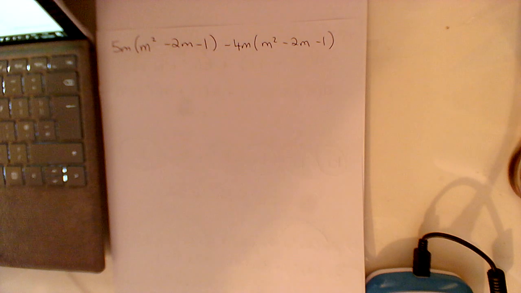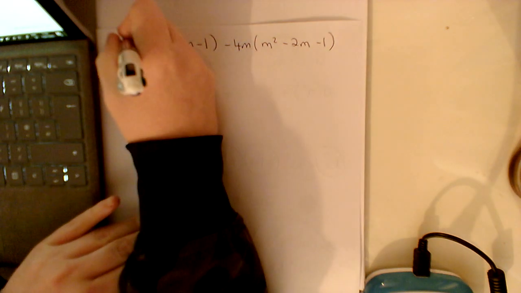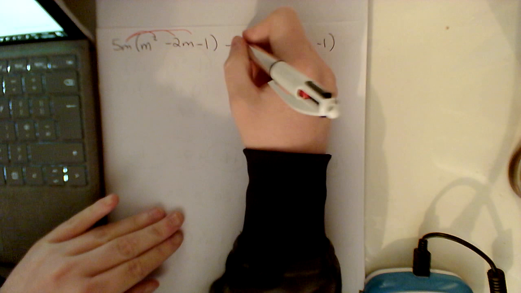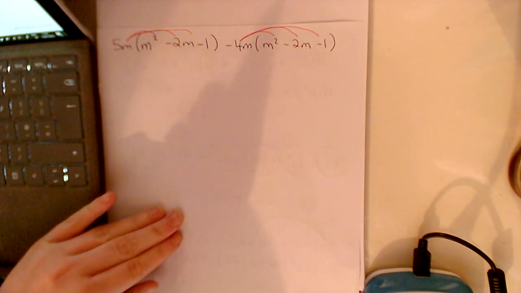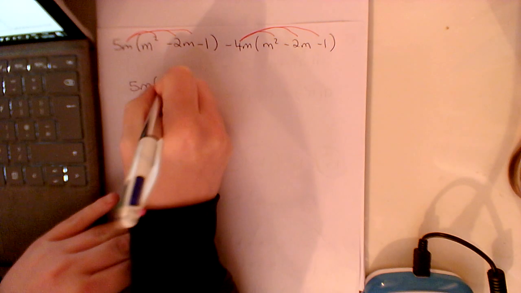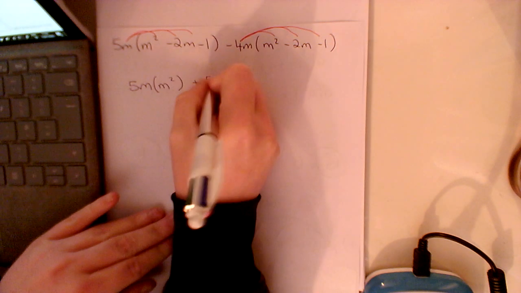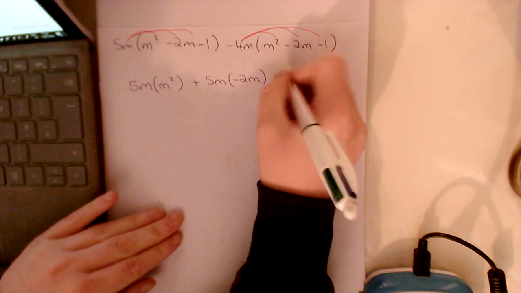Okay, so now I have part C, which is here. I'm going to draw my arrows, so 5m to this, this, this, and so on. We need to watch our sign with this one. Okay, so I'm going to rewrite it. So I have 5m(m²) plus 5m(−2m) plus 5m(−1).